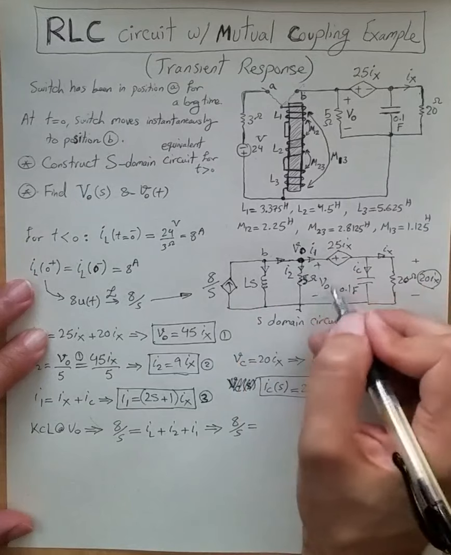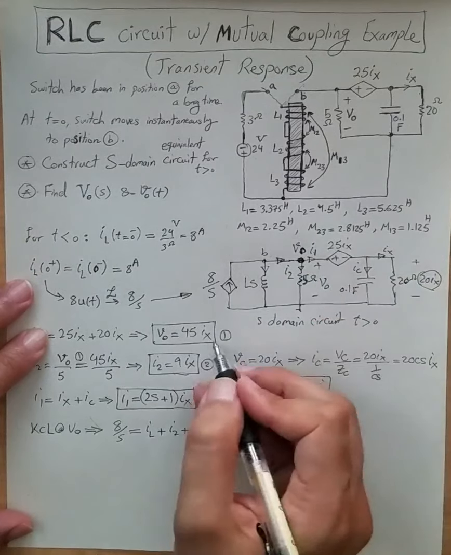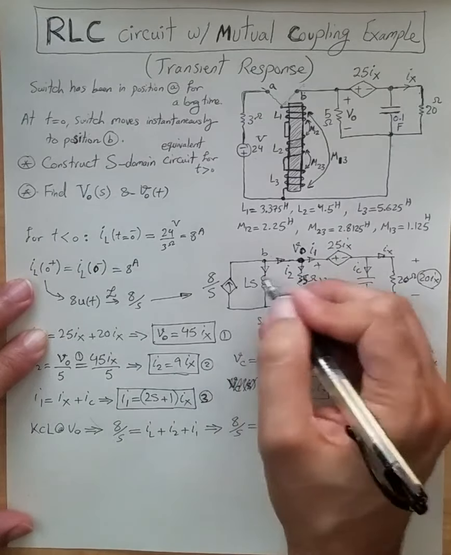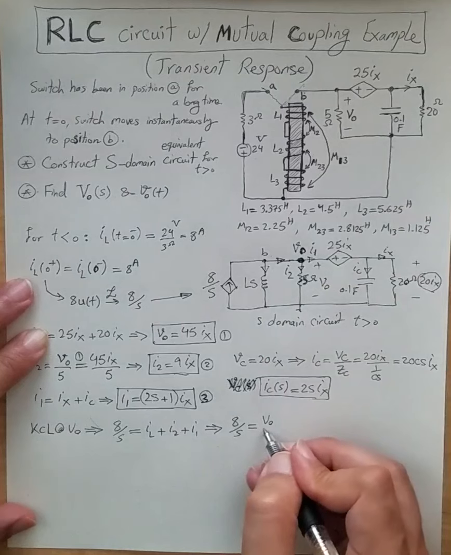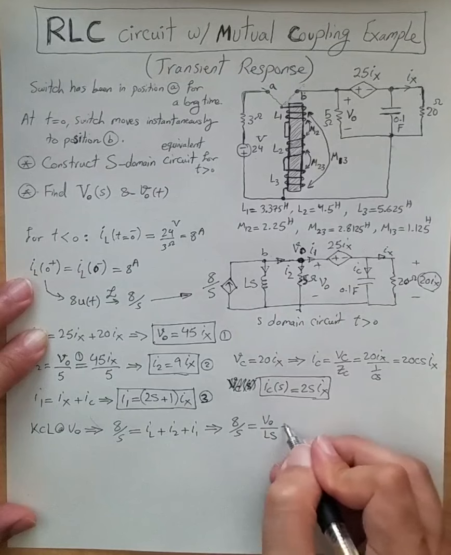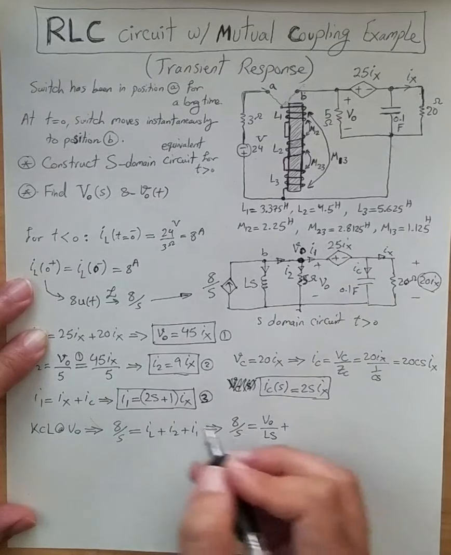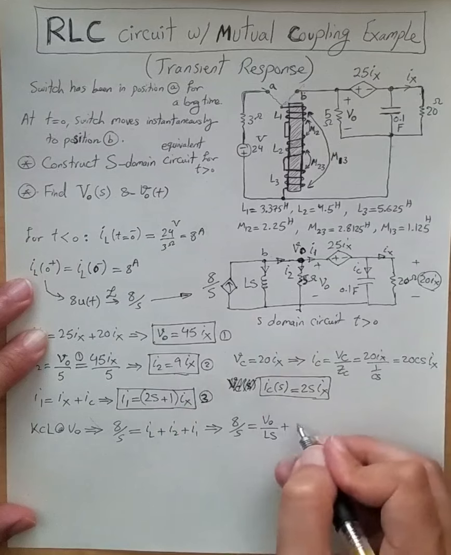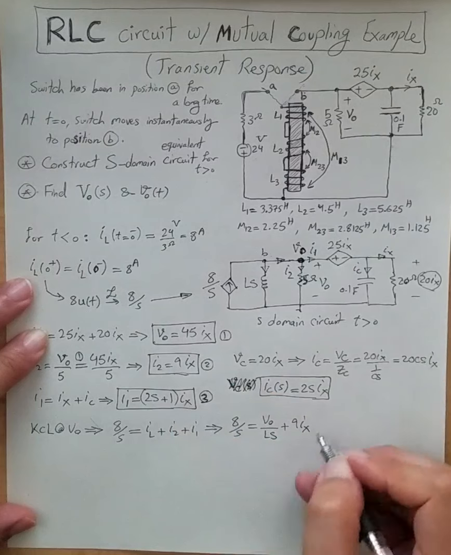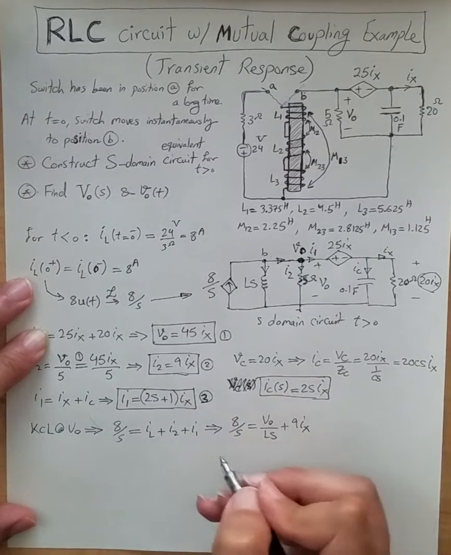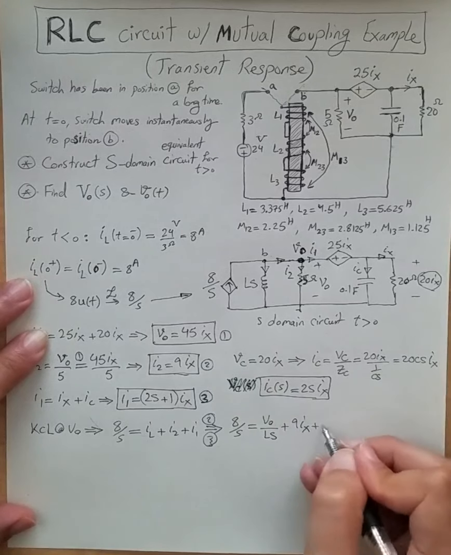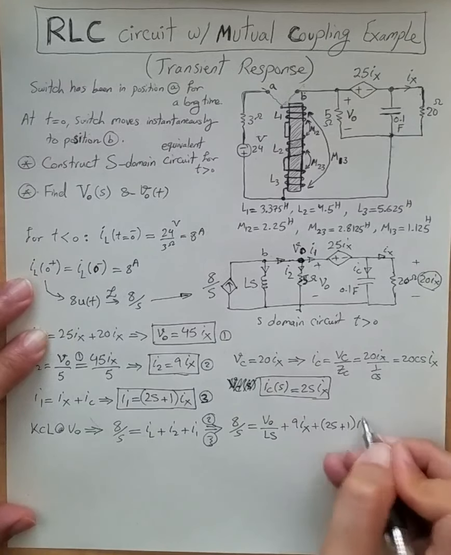Well, we know the voltage Vout from 1, that is the voltage across our equivalent inductor. So Vout over LS, that's the impedance of the inductor, plus I2. I2 is from equation 2, 9Ix, plus I1 from equation 3. So from equation 2 and 3, I1 is also 2S plus 1 Ix.